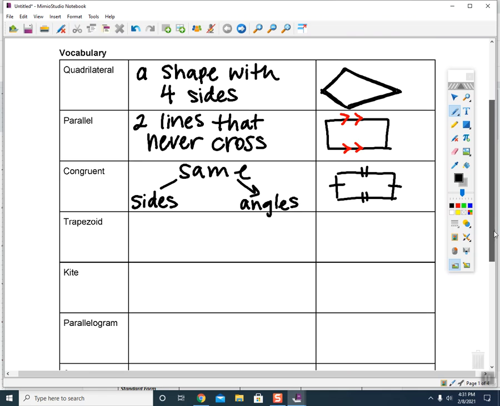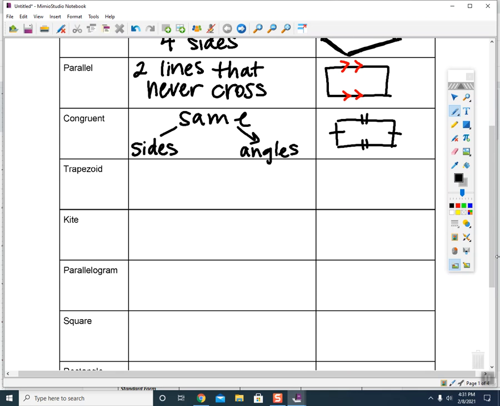Okay, the next one that we'll talk about is a trapezoid. We talked about the trapezoid yesterday. I made a comment that there was one type of definition that we're going to use for this. So a trapezoid means that we have a shape with exactly one pair of parallel lines.